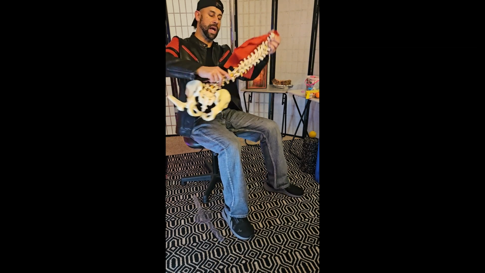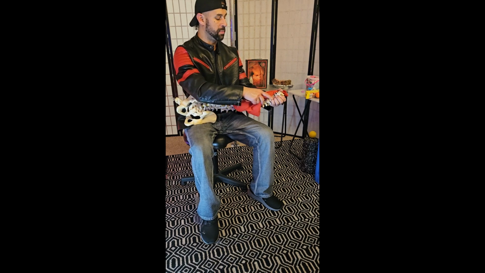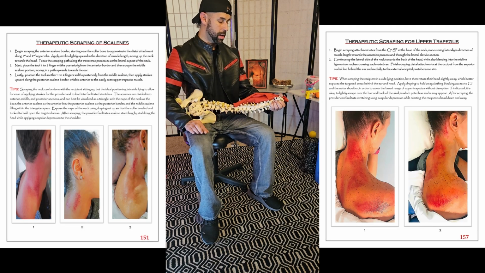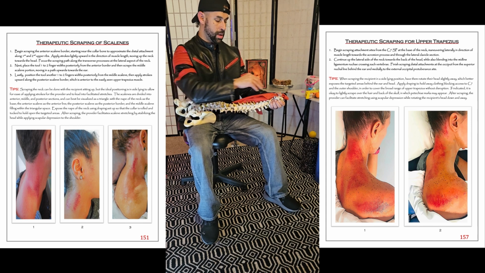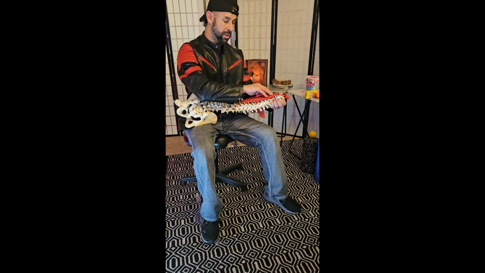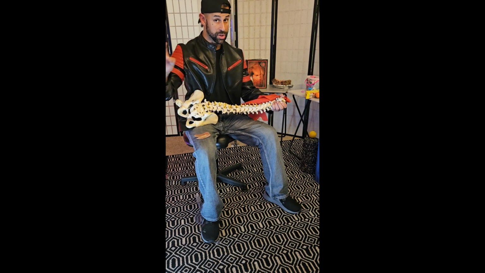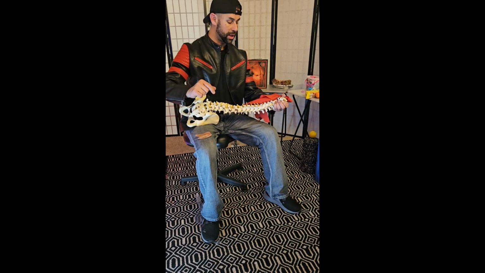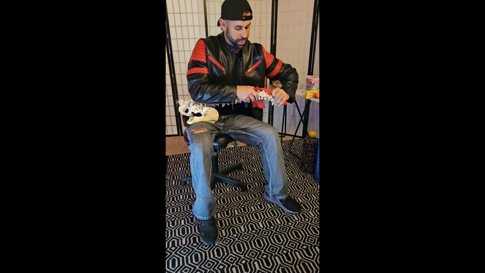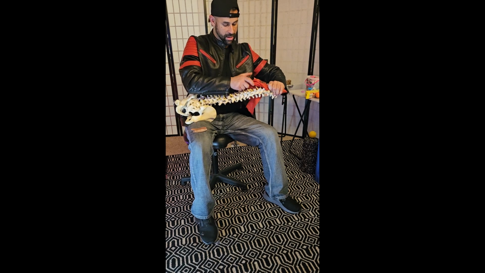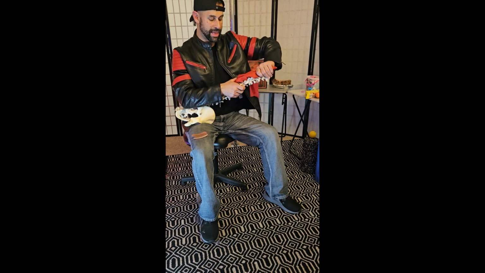I would typically put that person in side lying. I don't really treat the neck sitting up unless I have to, because I like for them to be passive, and it also helps me do not only the treatment in regards to scraping through the neck along the direction of the fibers to reduce the soft tissue restriction being felt, but once I feel that it's reduced, in addition to once I derive the therapeutic scraping mark, which is the indicated factor for microcirculation, now that they're in side lying, it's very easy to grab them and pull them this way while pushing this end that way, which is typically, you pull on the shoulder to do that, while taking the head the other way, and we can see how that's clearly stretching them.